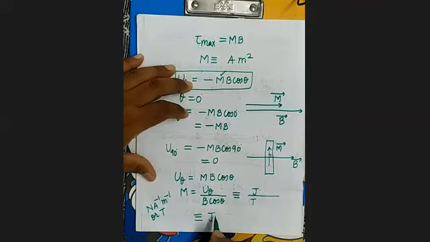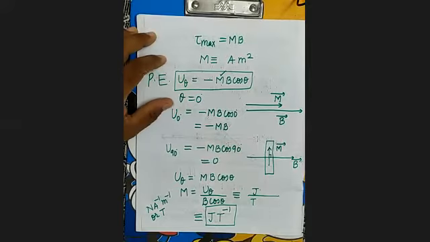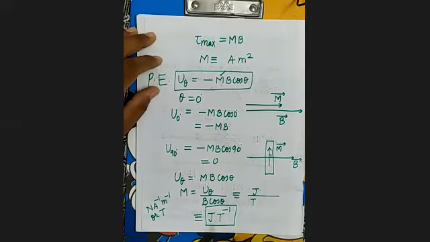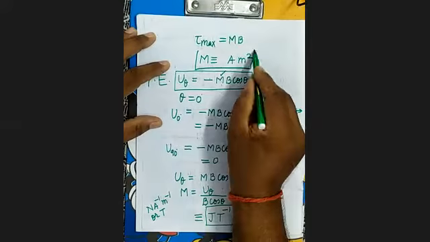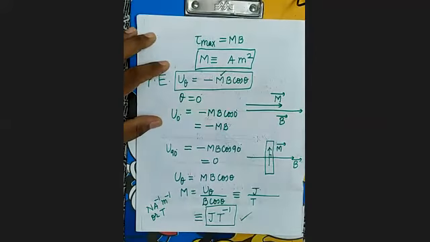So it is joule per Tesla. So all of you remember that the unit of magnetic moment is joule per Tesla also. Here there is one unit, ampere meter square, and joule per Tesla, and both are equal also because both are SI units.